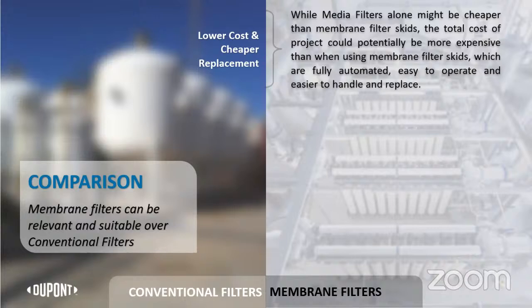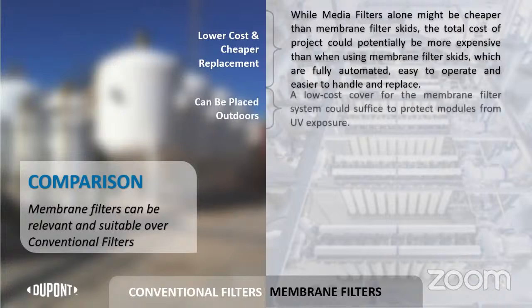So your opex and capex for the unit get significantly less, and given the requirement for the filtrate quality, the degree of post-treatment is already being managed by knocking off one stage of a conventional filter with a membrane-based filter. So this is one aspect where the lower cost and replacements can be handled by membrane-based filters.